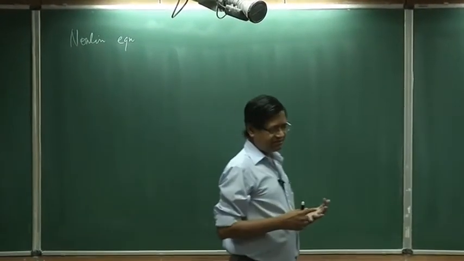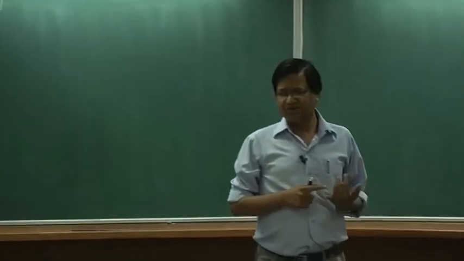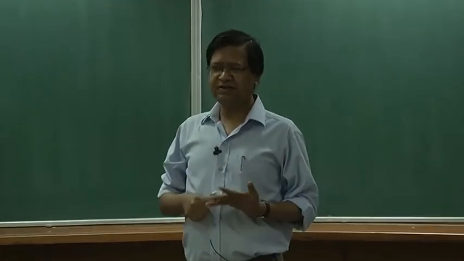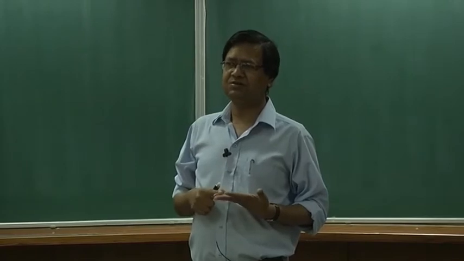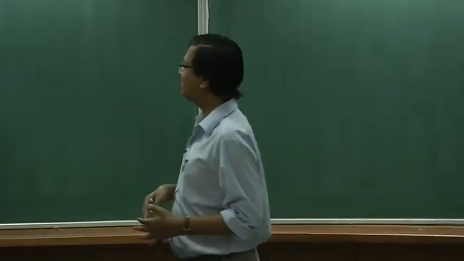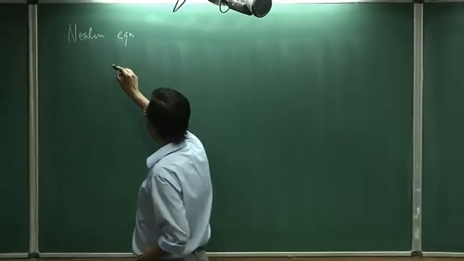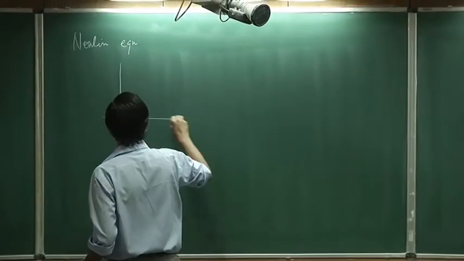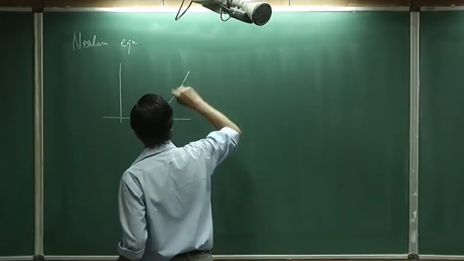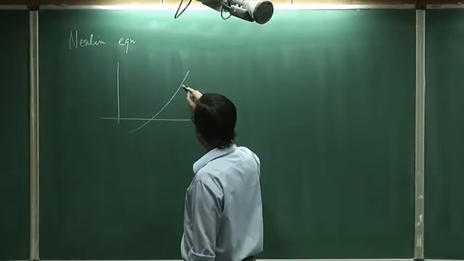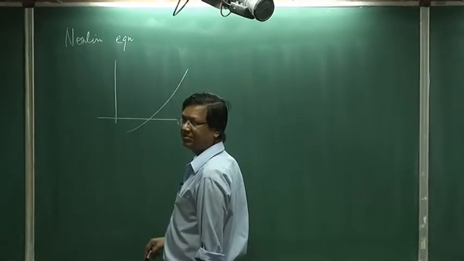So I discussed 2 methods, one is the iterative procedure and the second is the midpoint method. Okay. The Newton method I went through quickly, so let us just do it again. If this is my function, then I want to find the root here.